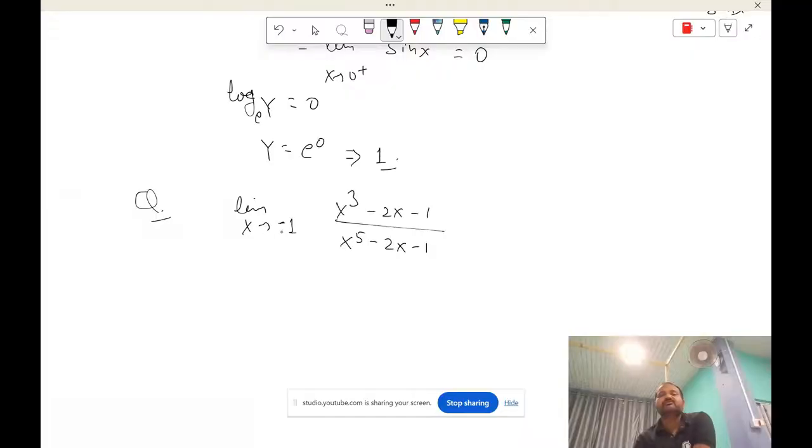If you substitute the value -1 in this limit function, its value will be -1 plus 2 minus 1, which is 0. It will come in the 0 by 0 form. So we will apply the L'Hospital rule.